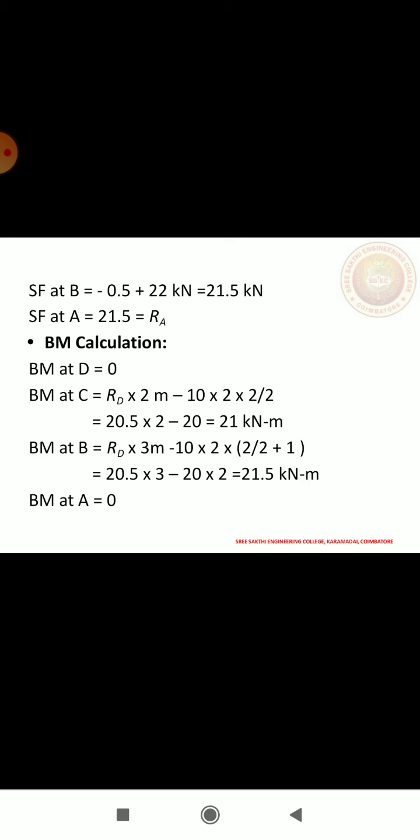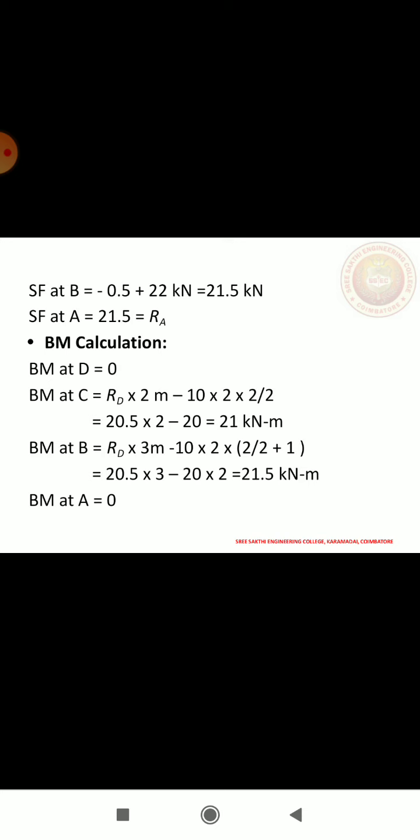After finding the values of shear force, we have to find bending moment values. For BM at D, we already know that the BM at the support should be 0 for a simply supported beam. BM at D and BM at A, at both ends, will be 0.